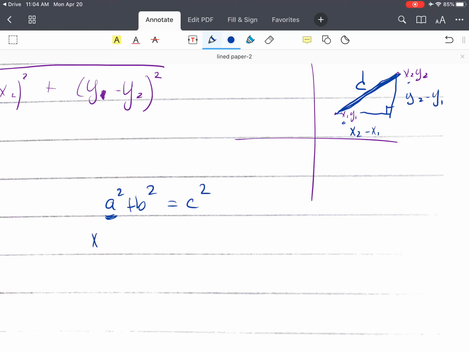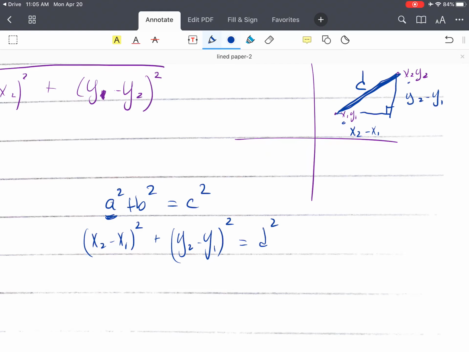A, in this case, is this weird x2 minus x1 squared plus, and then y2 minus y1, that's the vertical distance, and then instead of c, we're going to use d for distance.